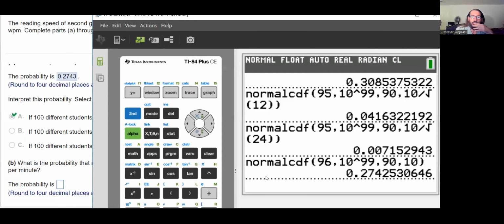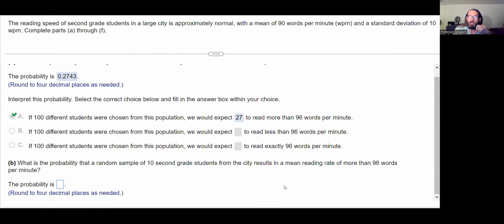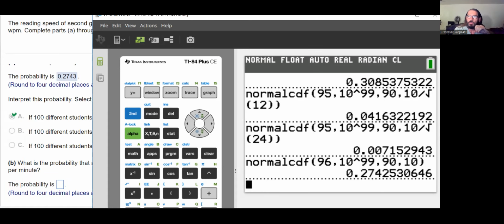Okay, so you could go back to second and the vars to get into the distribution to call up normal CDF again. But this calculator lets me scroll back, copy and paste. So I'm about to do that and make a minor change, because we're still talking about reading more than 96 words per minute.